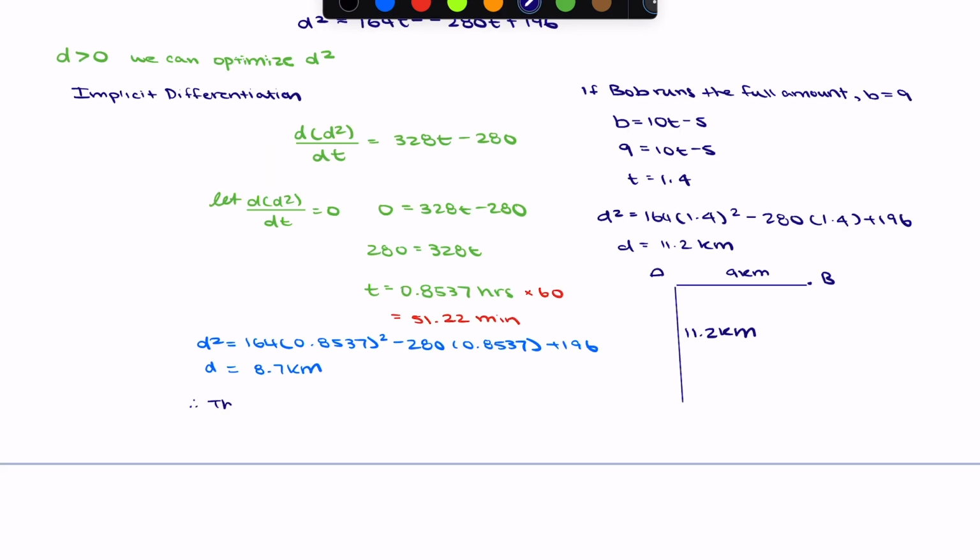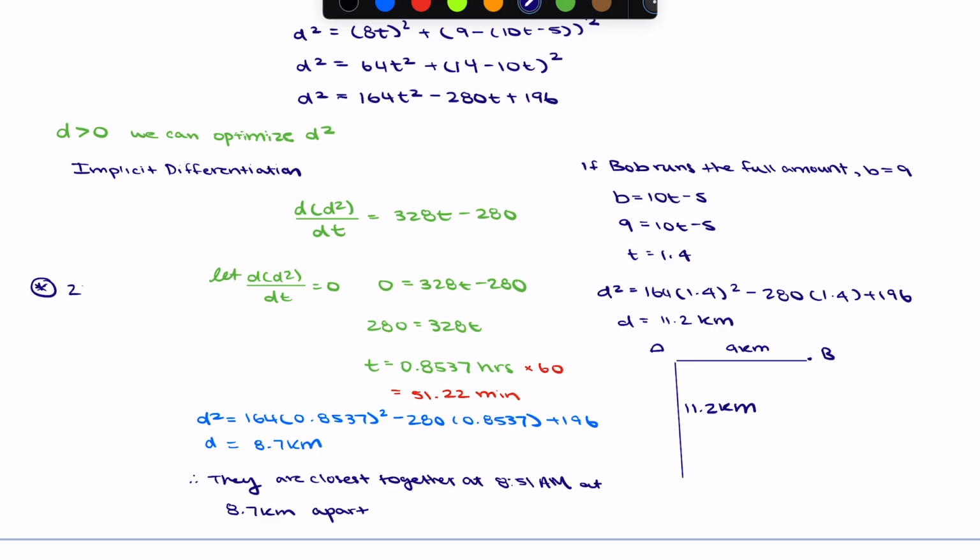So here we can see again that if we add the 51.22 minutes to the 8 a.m., approximately they are closest together at 8:51 a.m., 8.7 kilometers apart.